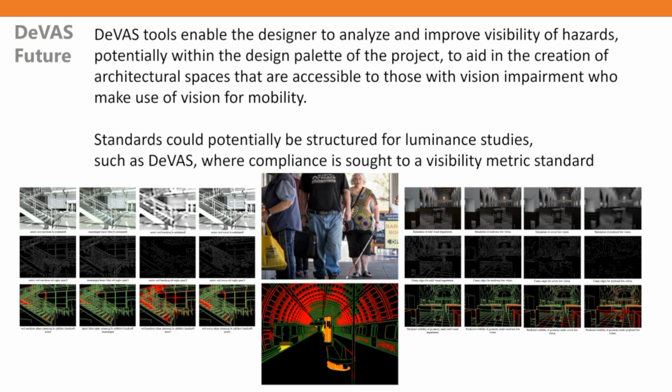So standards could potentially be structured for luminance studies, such as these from DeVAS, where compliance is sought to a visibility metric standard. I presented this to the American Disability Act Access Committee, to the IES in the United States. I'm interested in talking to the WELL Building. It seems to me a WELL building should be more than what you breathe or whether you have a view, but how about maybe you're not going to fall down the staircase as well.